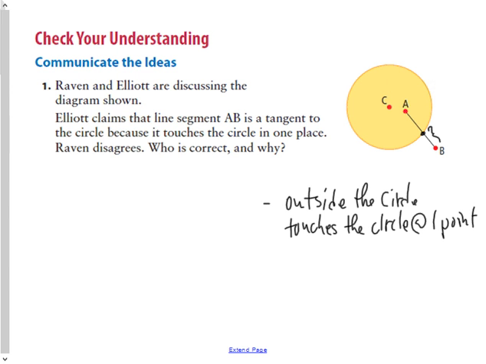And the other one is it touches it perpendicularly, which of course is a fancy word for 90 degrees. So in order for AB to be tangent to it, it has to be outside the circle and meet the radius, which is not even drawn there, at 90 degrees.